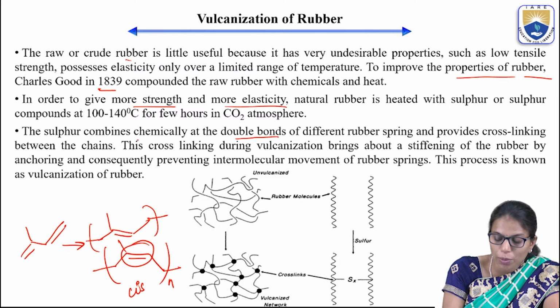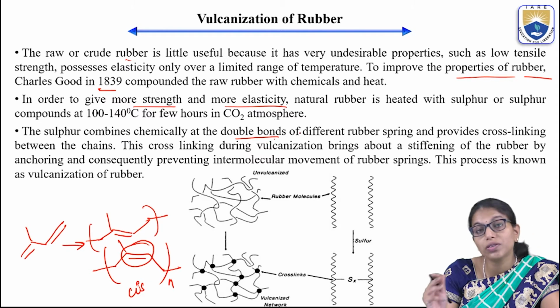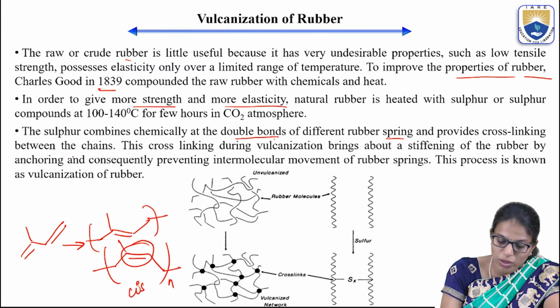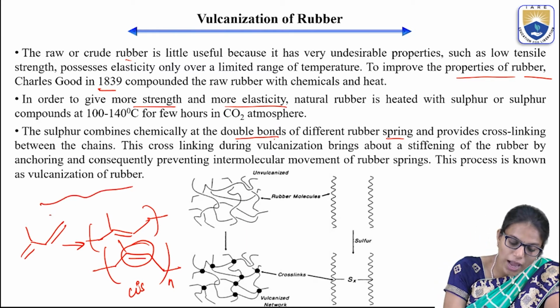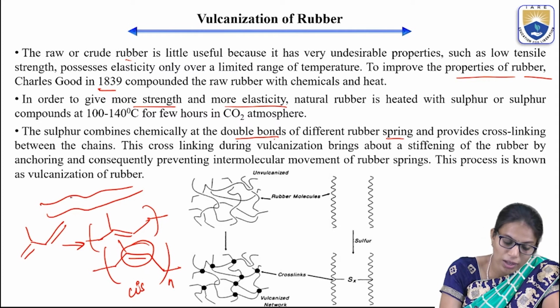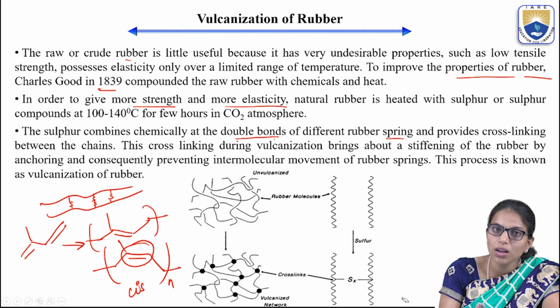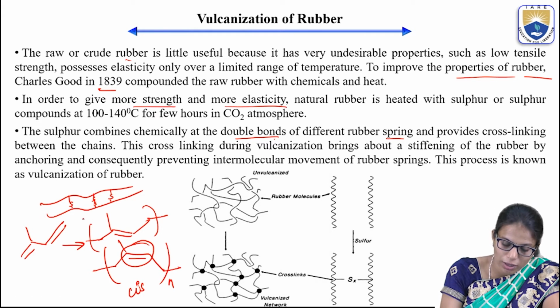The sulfur combines chemically at the double bonds of different rubber springs and provides cross-linking between the chains. Between the chains means if this is one layer and this is the second layer of rubber, cross-linking will be like this or this. Maybe sometimes two sulfurs will be there, or sometimes one sulfur. It depends on the molecule we are taking.